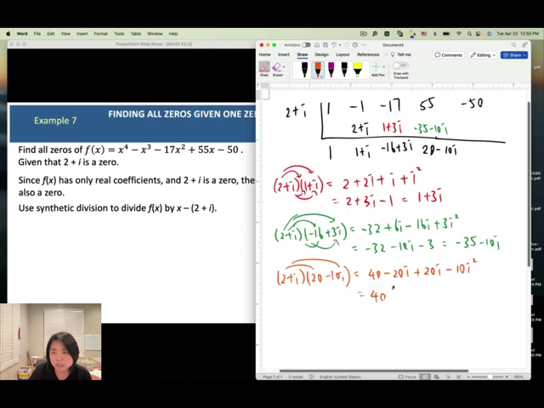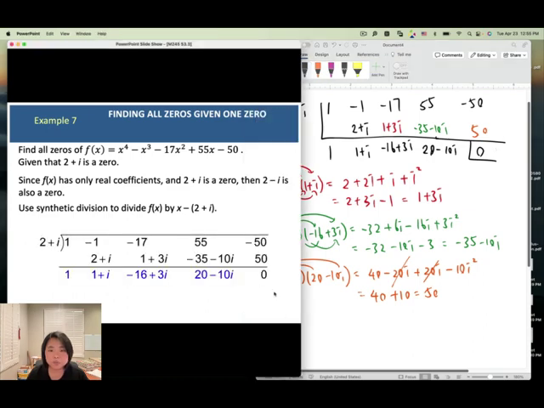So combine the like terms, I cross it out. This is going to be plus 10, which is going to be 50. So I have a 50 here. So when you add it up, the remainder is going to be equal to 0. Okay. So we have this one. Good.